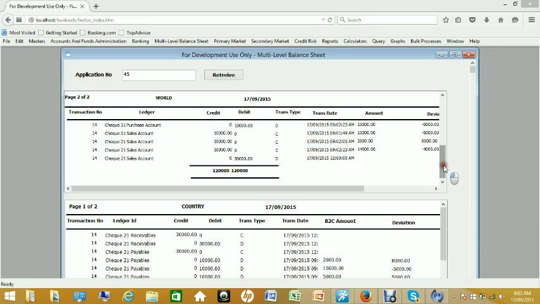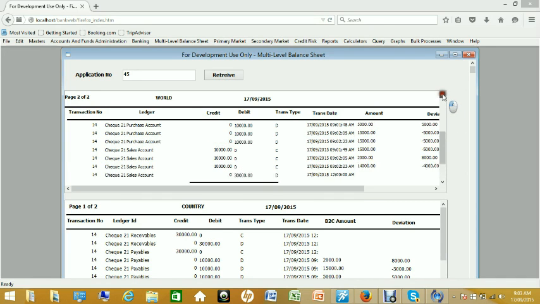So here it is 120,000. So both of them are tallying here. So let's do a balance sheet analysis now of all the accounts.